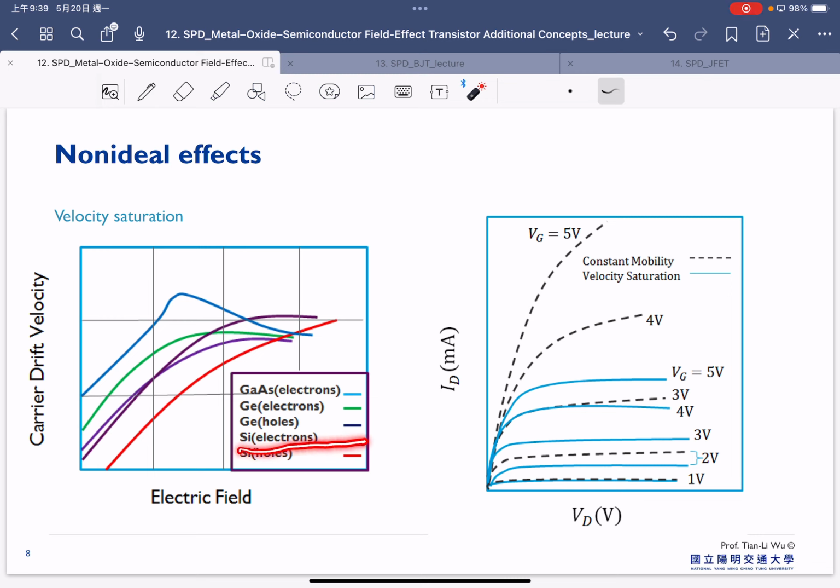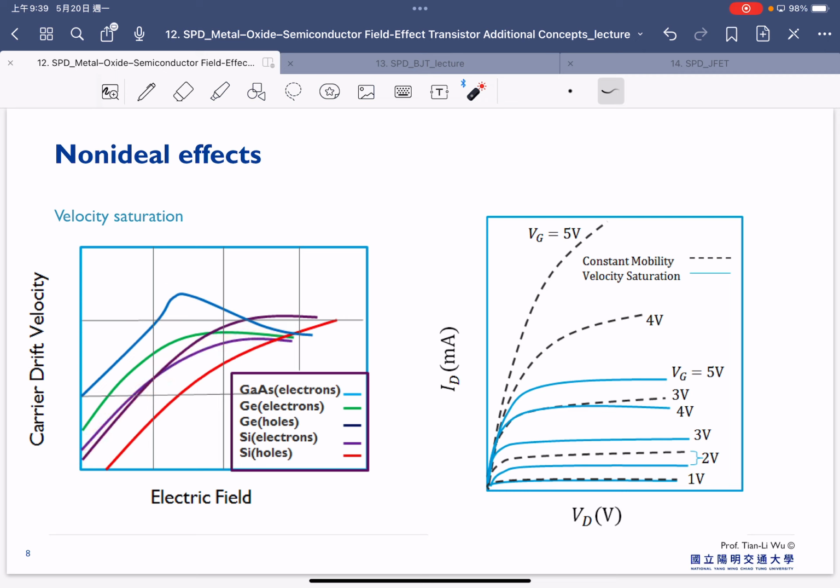For example, for electrons, we can see in the beginning there is a linear increase as we increase the electric field. However, once the electric field is large enough, we start to see saturation happen here.